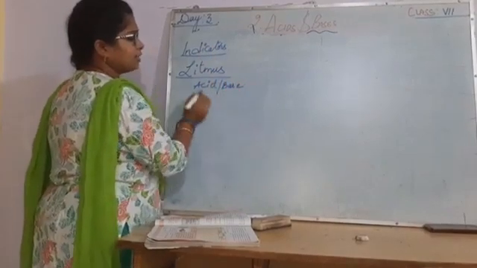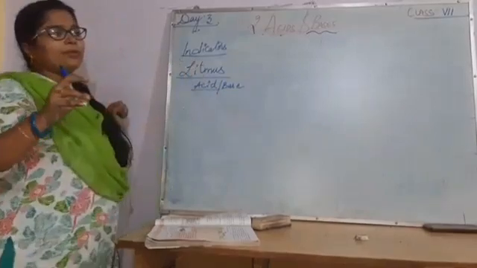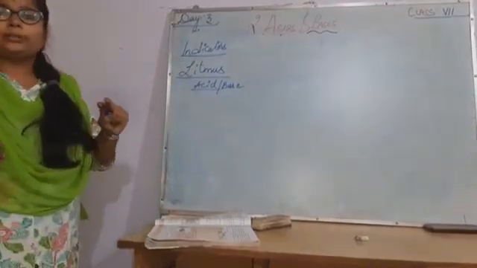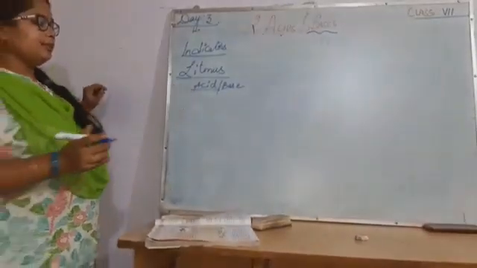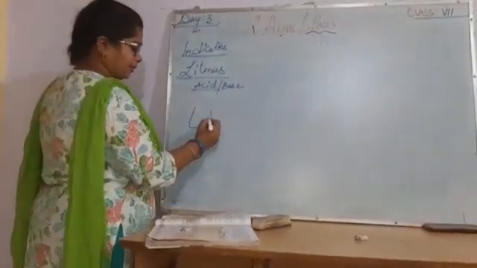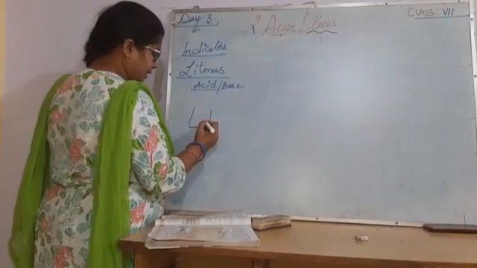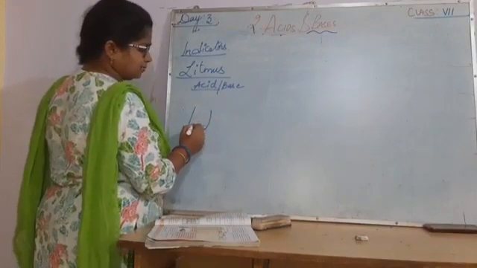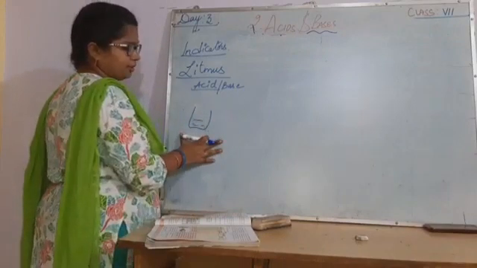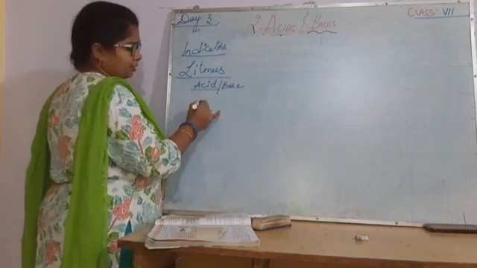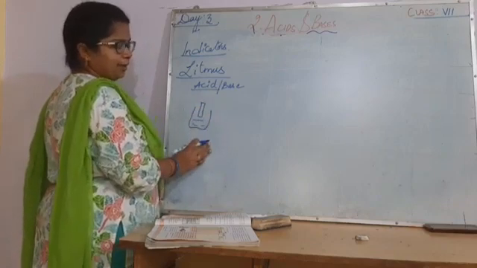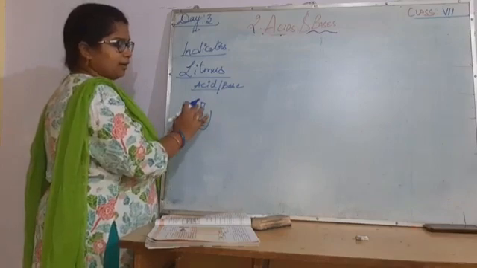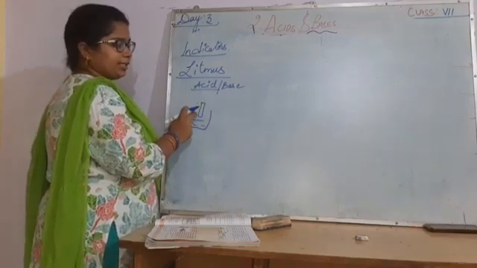Suppose some substance is given to you without a name, and you are given two litmus papers, one blue and one red. You don't know the name of the substance. Put the red litmus paper in it and check if it changes its color or not.